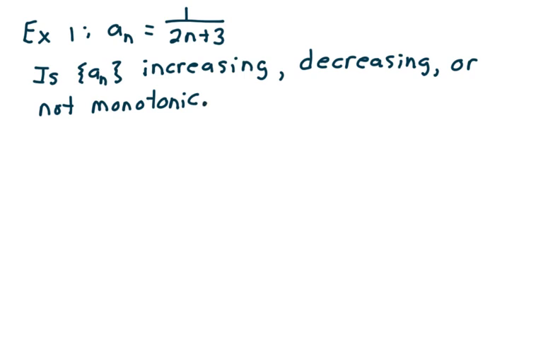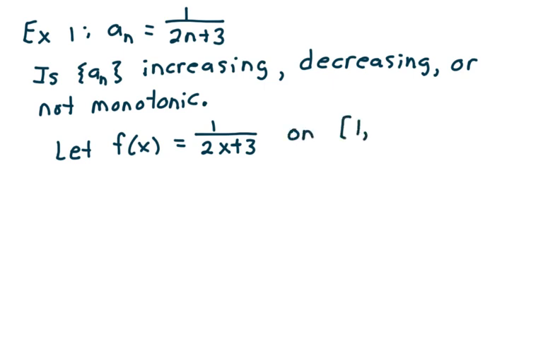Okay, now, if you want to know the quickest way to do this, this is what I would do. We're going to look at the corresponding function. So we're going to let f of x equal 1 over 2x plus 3. And primarily, we're going to focus on the interval 1 to infinity. Because when you look at the sequence, we only care about what happens when n is 1, 2, 3, etc. Okay?